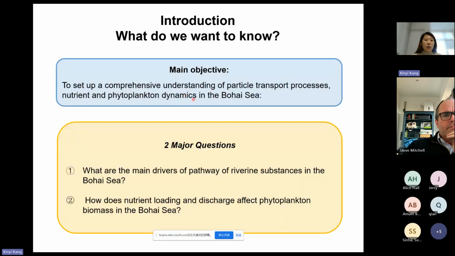Therefore, in this study, we try to better understand the particle transport processes, nutrient and phytoplankton dynamics in the Bohai Sea, and we try to address two major questions. The first is to reveal the main drivers of the riverine substance transport dynamics in the Bohai Sea. The second focuses on studying the phytoplankton dynamics from nutrient and discharge effects.